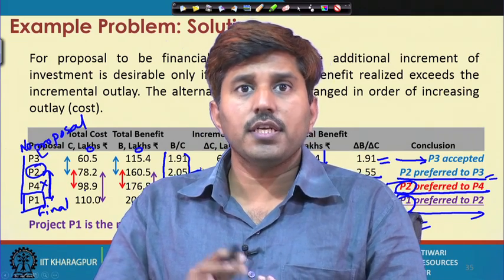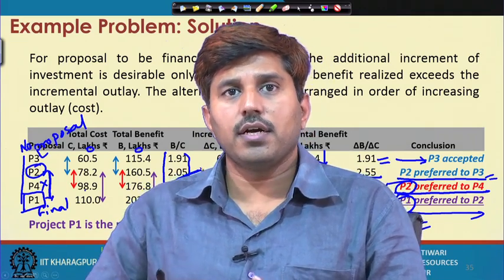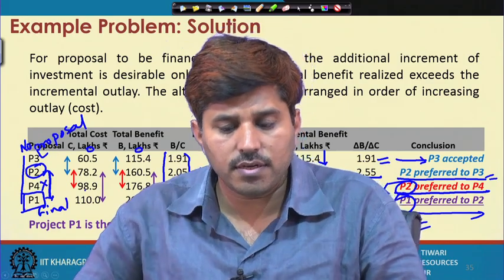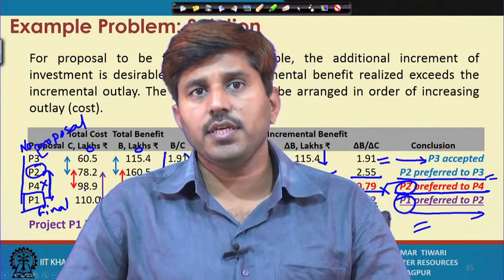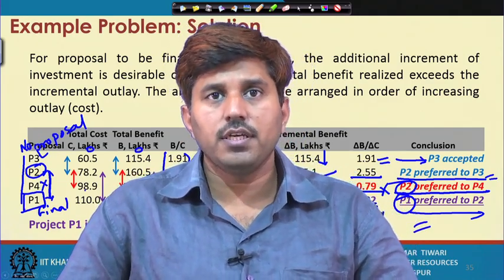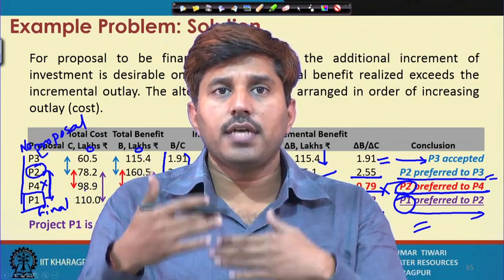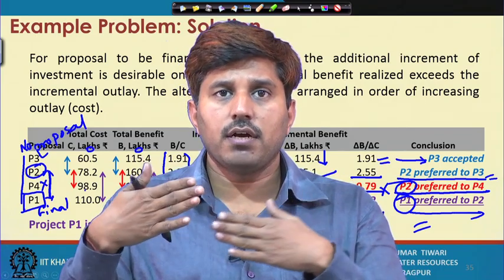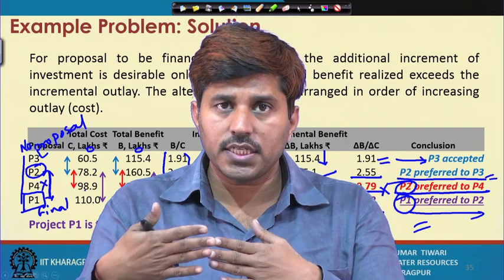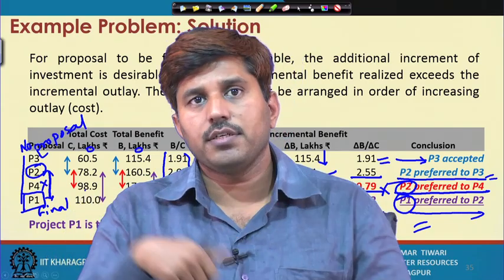That is how the incremental benefit cost ratio method is used for the analysis of various alternatives in water related projects or allocation practices.